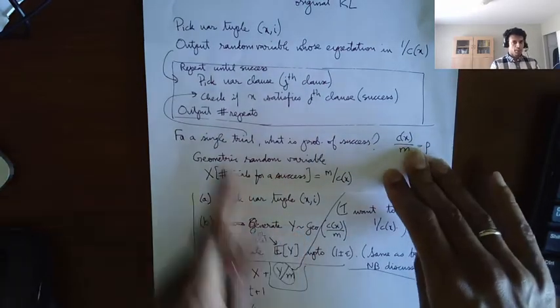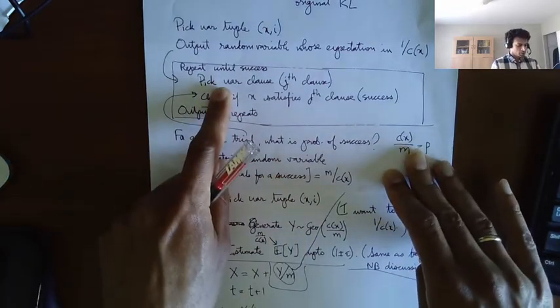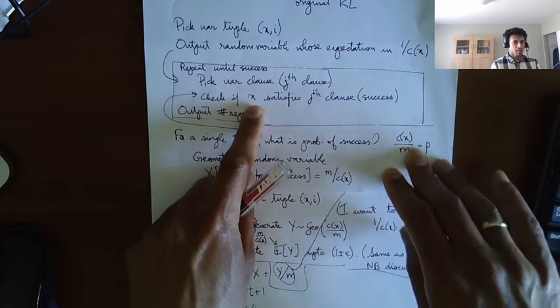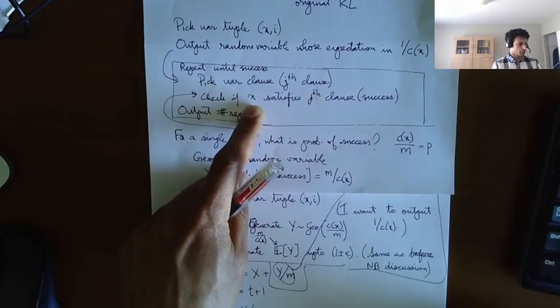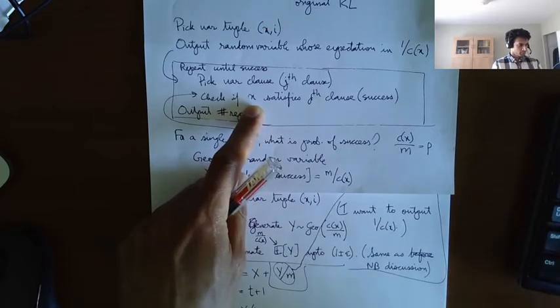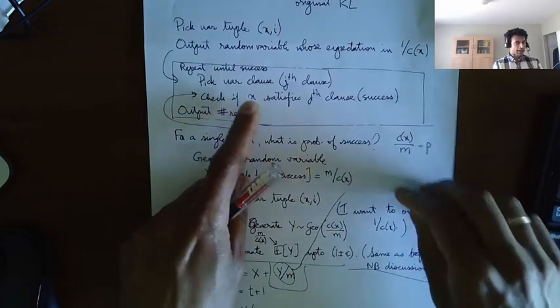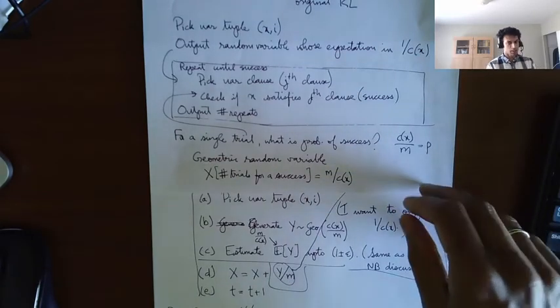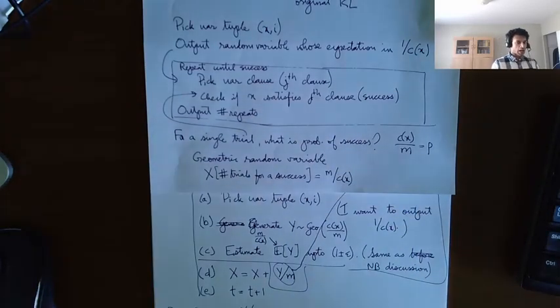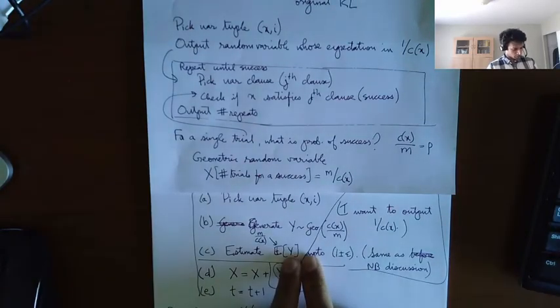So which means that I keep picking clauses until x satisfies 1 over epsilon square clauses. I look at how many clauses I had to pick, and I look at the number of successes, which was 1 over epsilon square, and then I get my estimate.